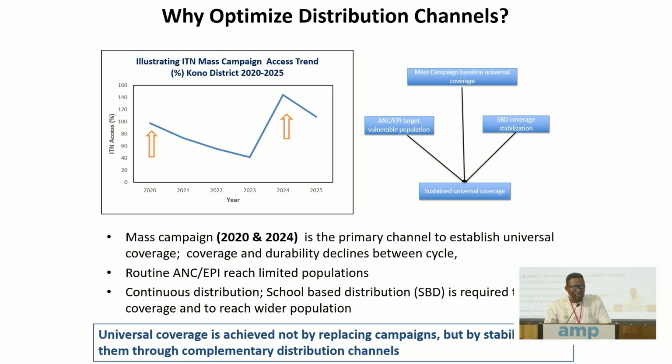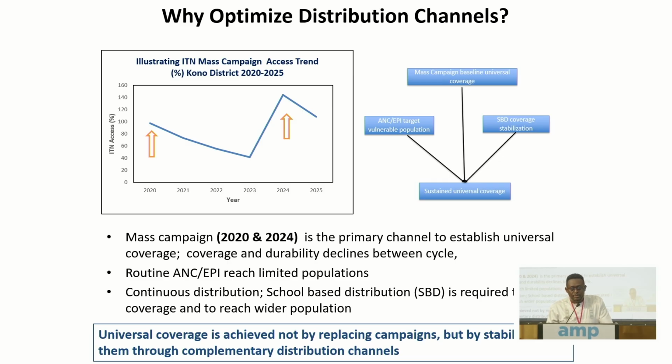Mass campaign remains the primary channel to establish universal ITN access. However, coverage declines between campaigns. ANC and EPI are the routine channels through which we also distribute ITNs.